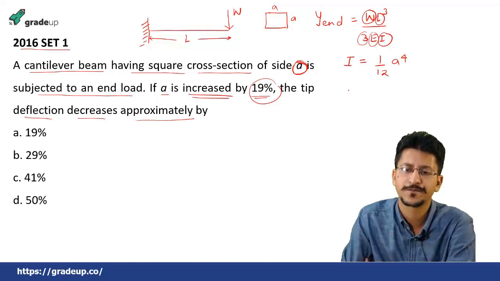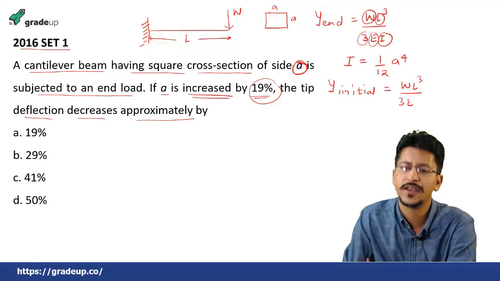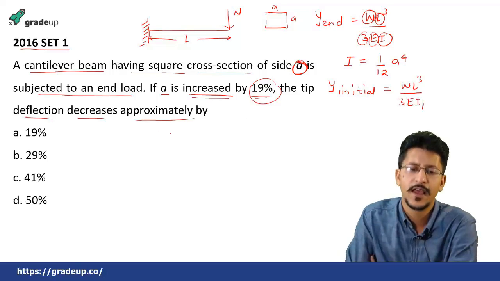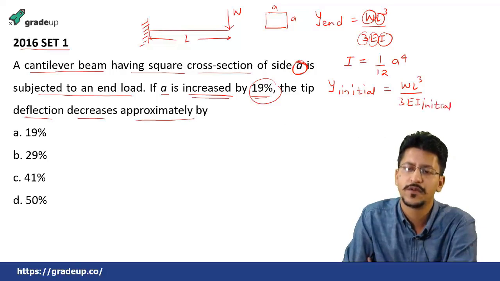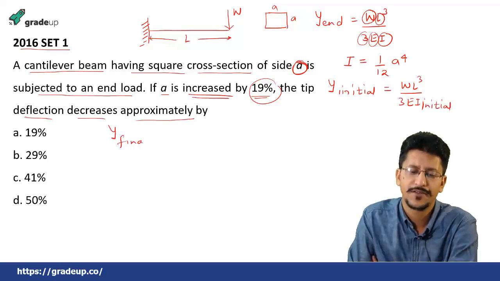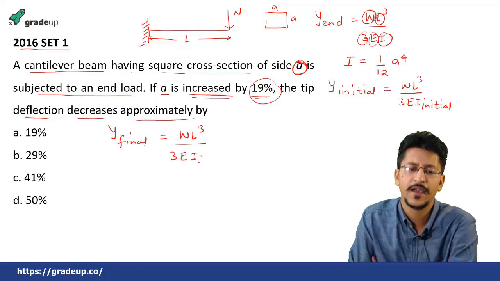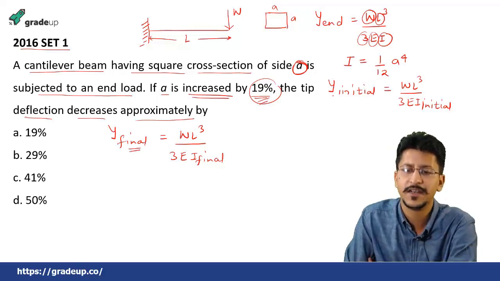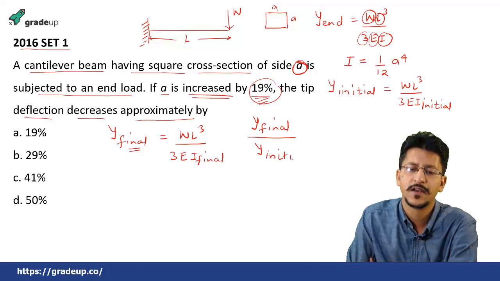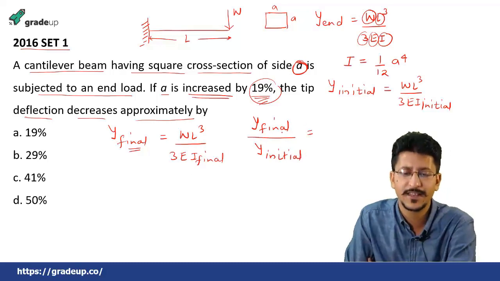So Y initial in the first case is WL cube by 3E I initial, and Y final, after A has increased by 19%, will be WL cube by 3E I final. First of all, find the ratio of Y final by Y initial, that is the ratio of deflection after A has increased and initially.